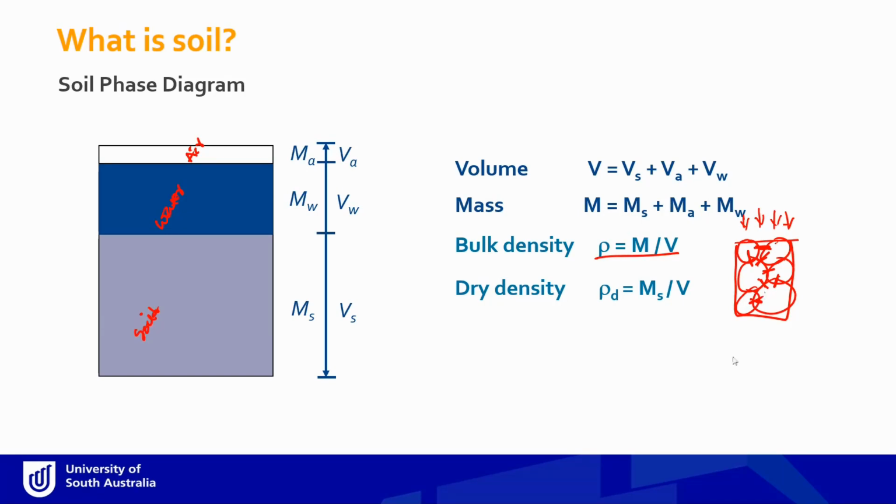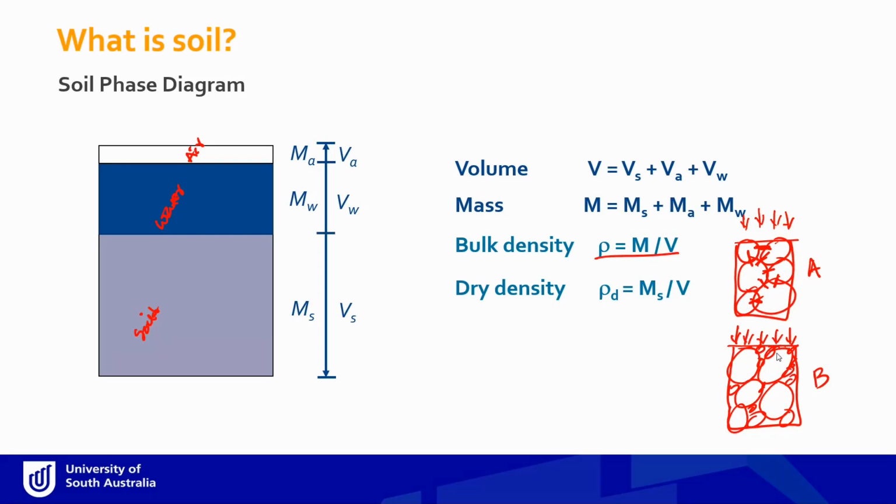Now let's draw another soil, slightly differently. The difference between this soil and the soil in the previous picture, let's call it A and let's call it B. Let's apply the same load. Can you spot the difference?